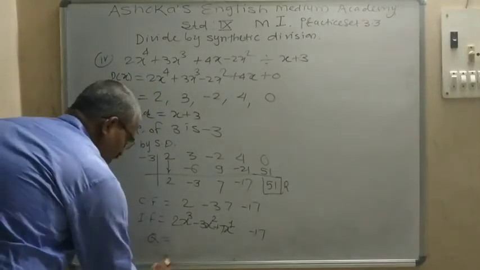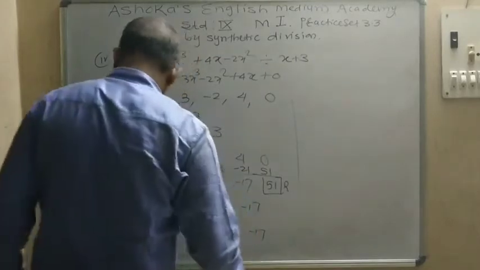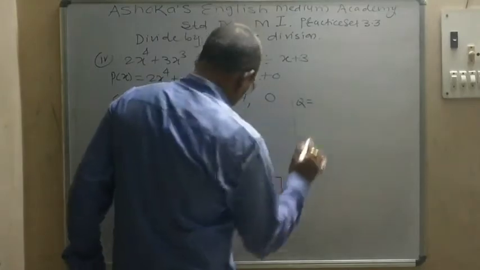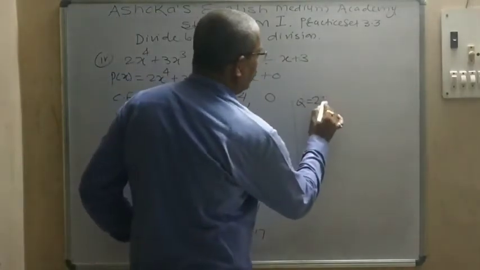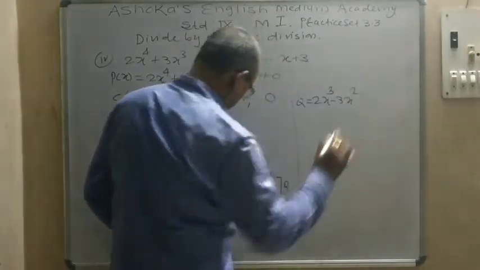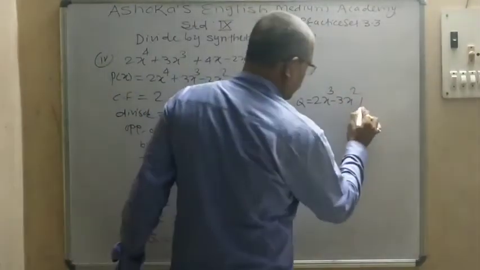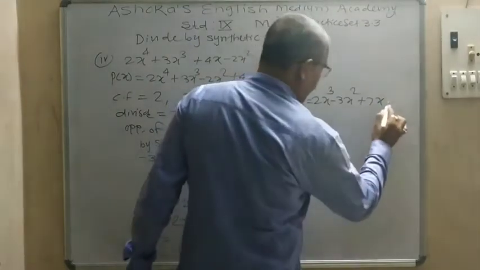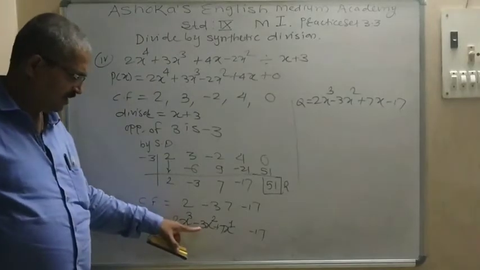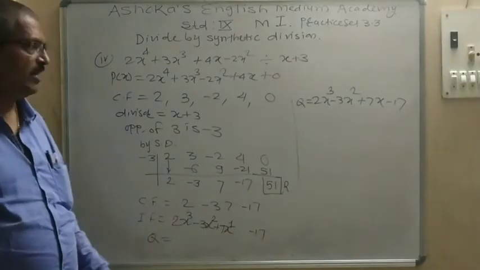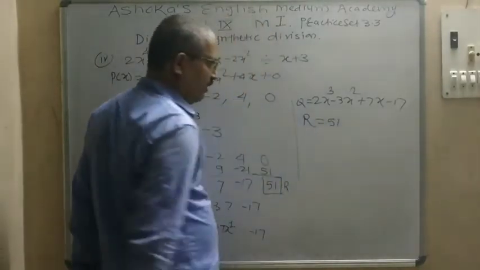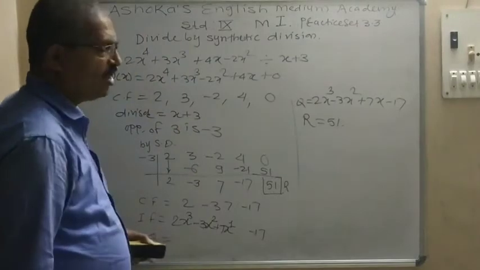Therefore, quotient is equal to 2x cube minus 3x square plus 7x minus 17. And what is remainder? The remainder is equal to 51. So this is question number 4 completed.